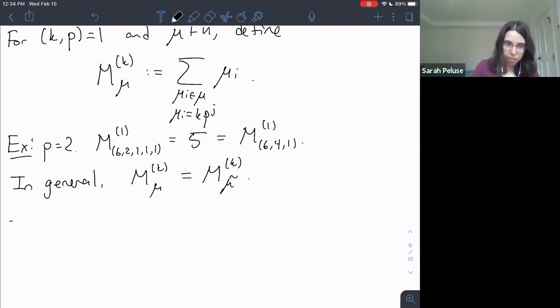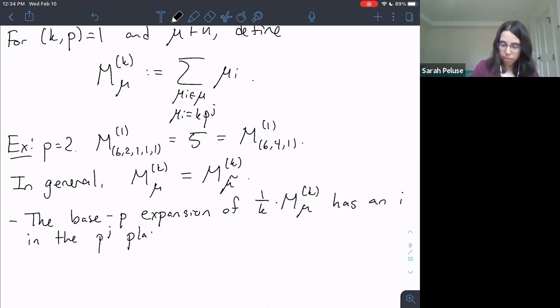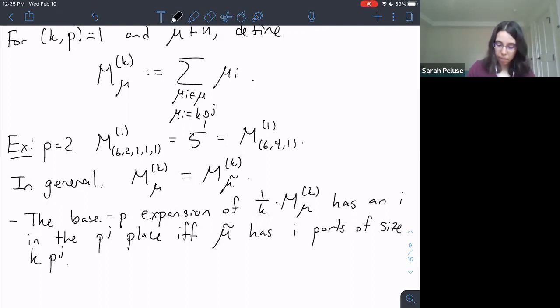More precisely, the base p expansion of 1 over k times this quantity has an i in the p to the j place if and only if mu tilde has i parts of size k times p to the j.